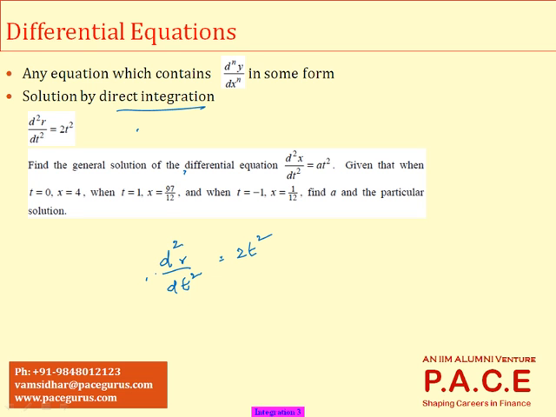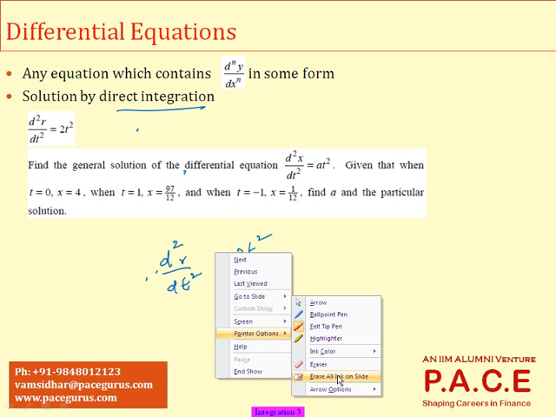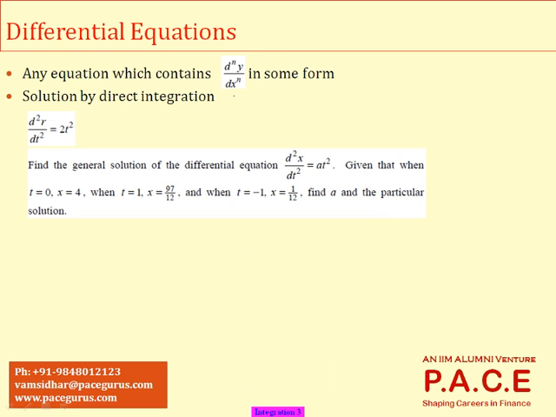Now if I take the differentiation of this, or probably we'll take this example directly. d squared x by dt squared is equal to a t squared.